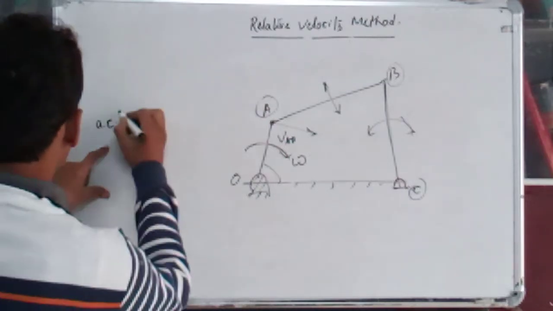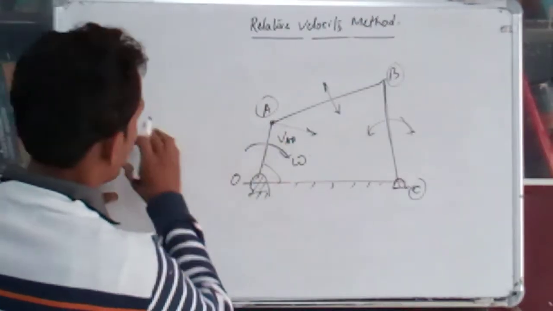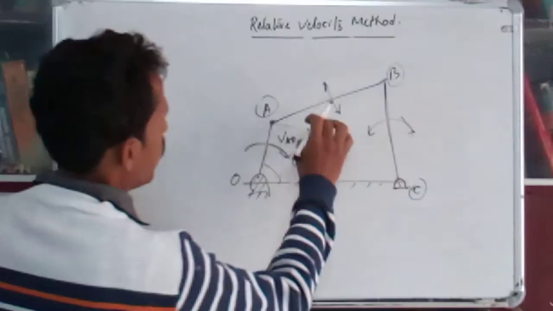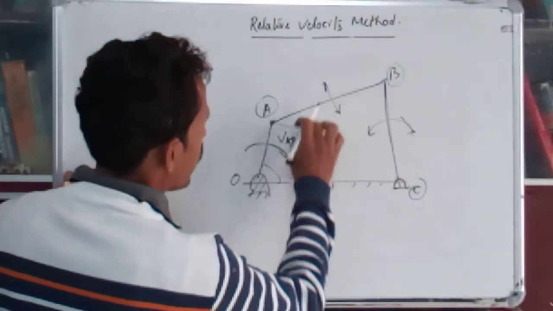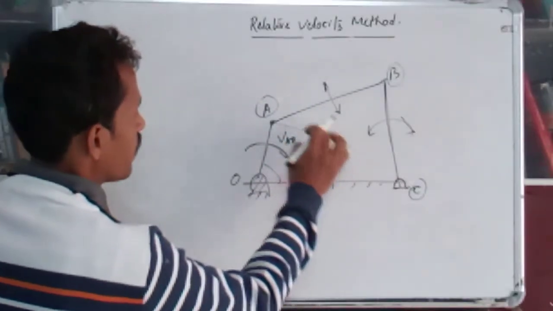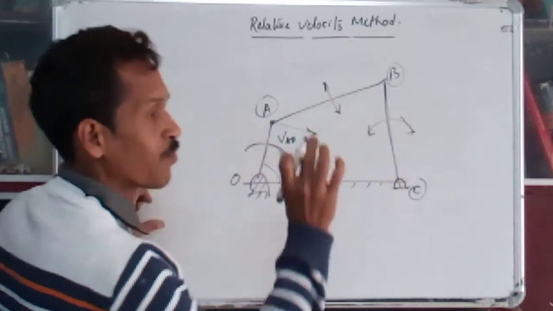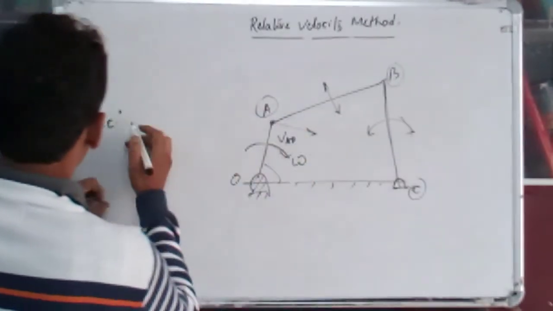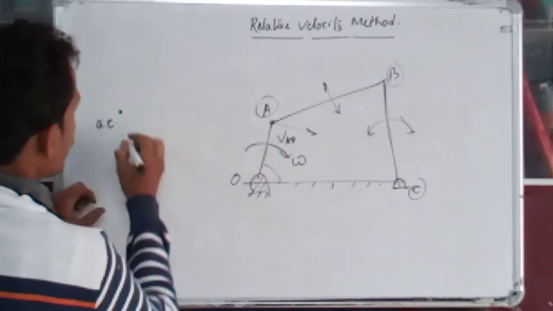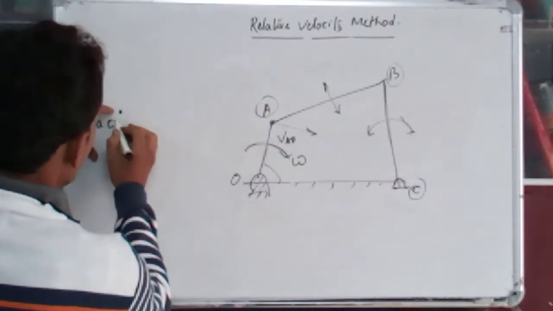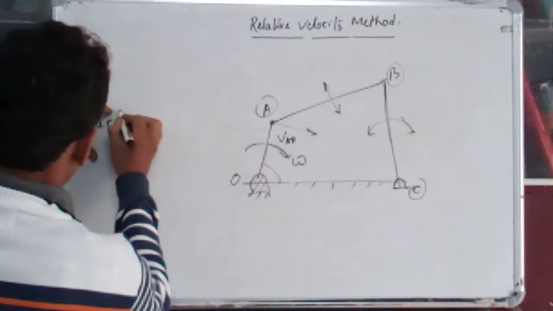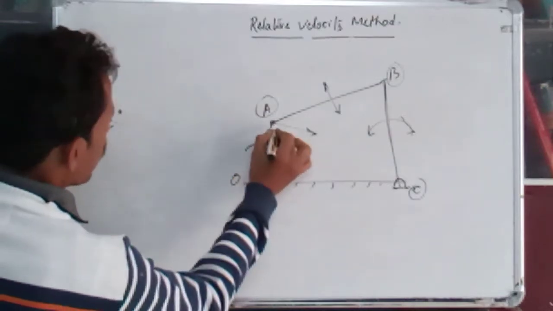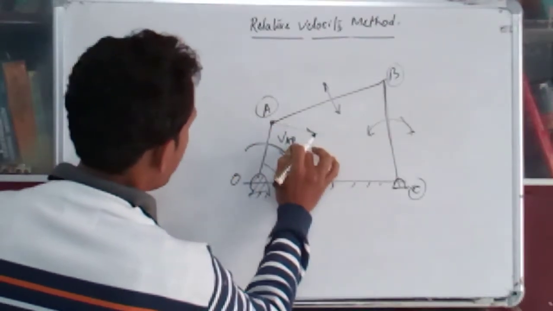Now, before going to find out the velocity diagram, you have to take some suitable scale of this velocity, because this is a known velocity. From A to C, as it is fixed, what will be the velocity VA?